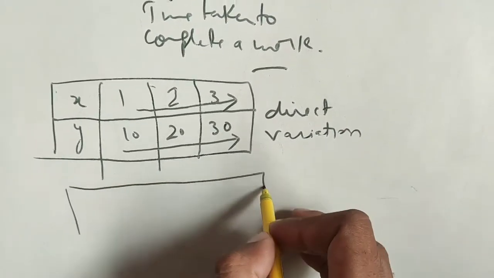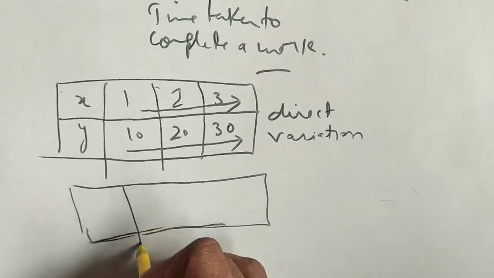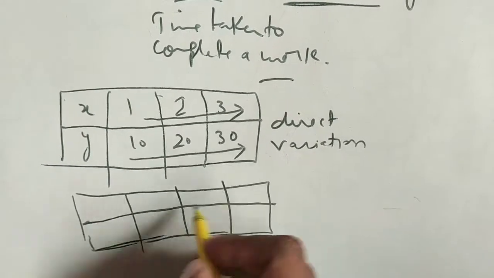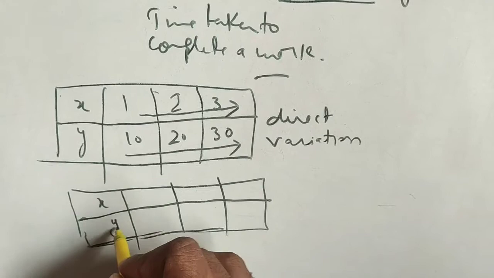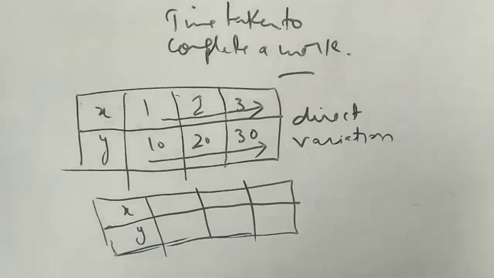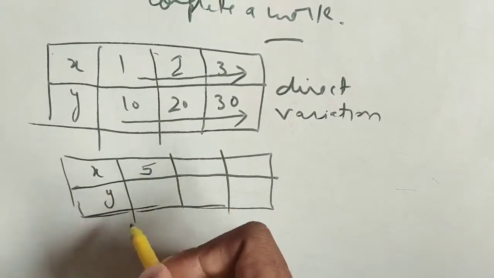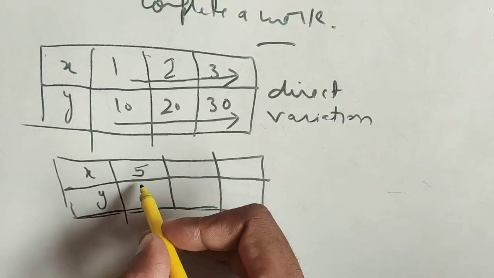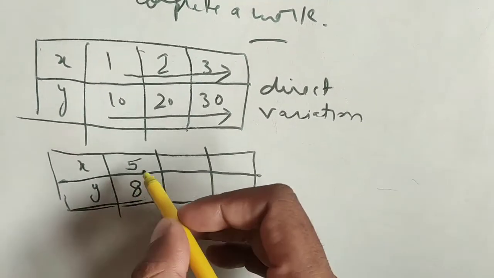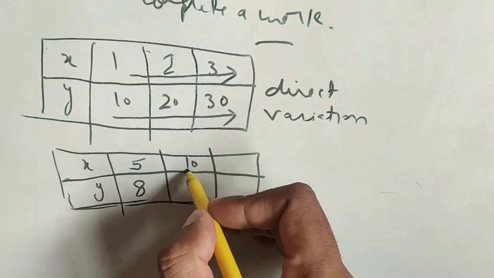Whereas in inverse variation, it will be opposite. Suppose this is x, this is y. Suppose x is 5 and y is 8, and when x is 10, y is 4.